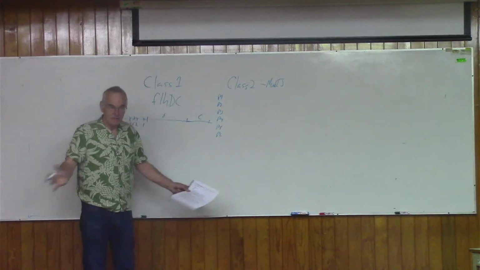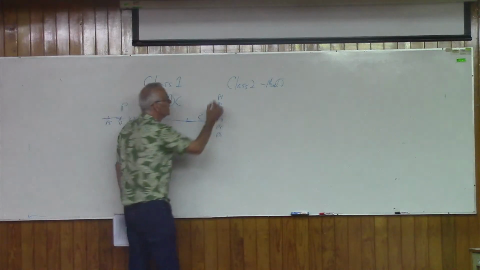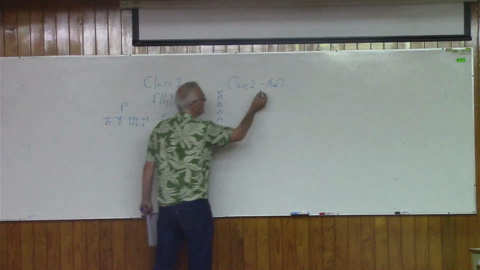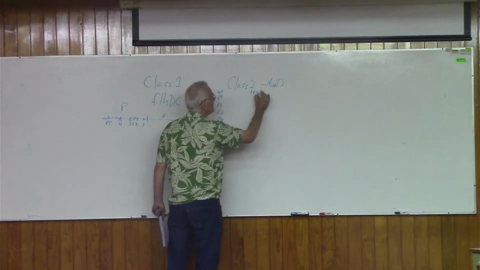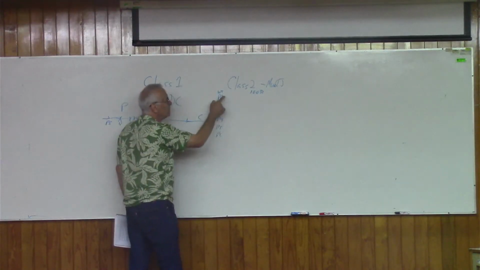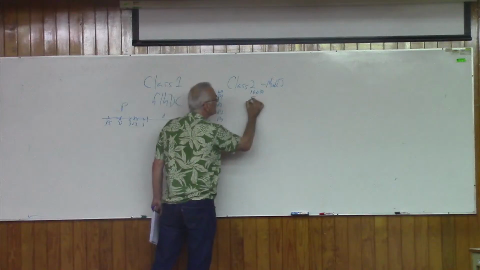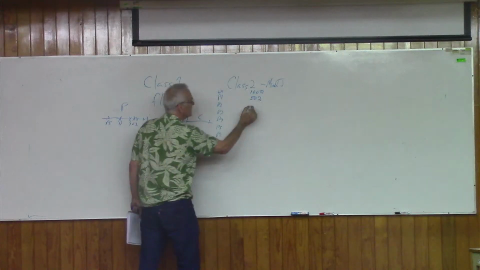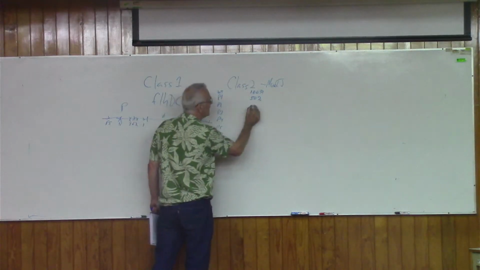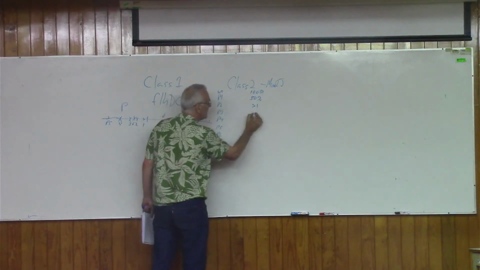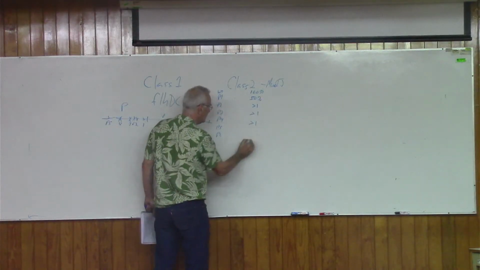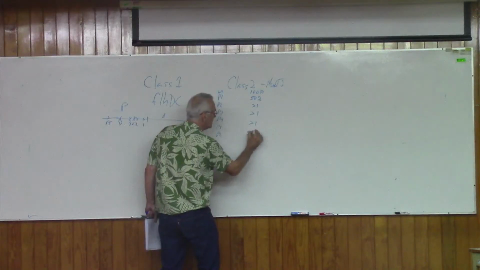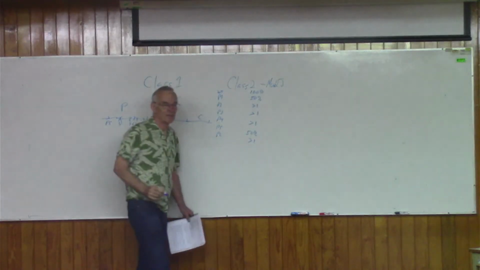What's important? If we have wild type, we get 100%. If we have P1 only, we get 50%. P2 only, less than 1, less than 1, less than 1, 50%, less than 1.